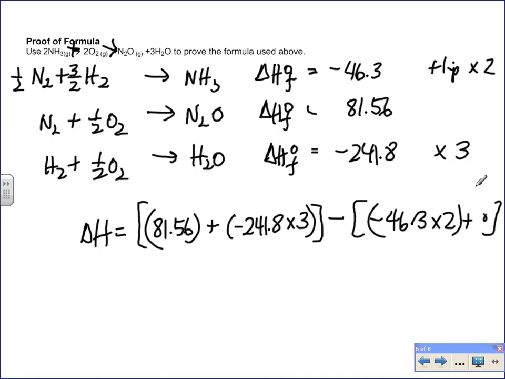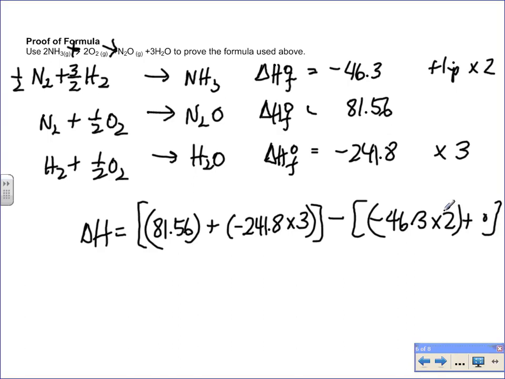So what you can see here is that the decisions we made are the same that the formula asked us to do directly. Anything that we wanted to be a product came first and remained the same. It didn't change its sign, but it was multiplied by its coefficient. Anything that was a reactant needed to change its sign, and it was also multiplied by its coefficient.